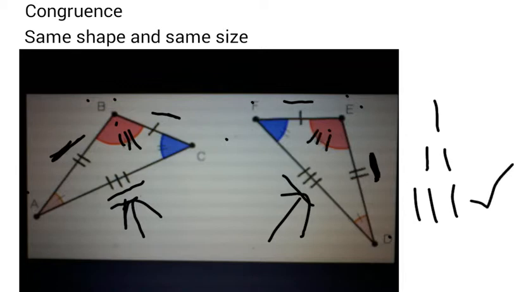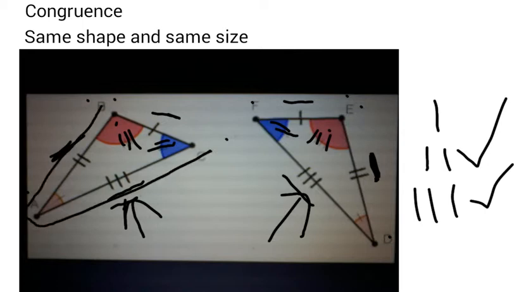The 3 lines over here means congruent. And same with the blue angle, 2 lines here, 2 lines here, means that they are congruent. And the little angle here, angle BAC, and angle EDF has the single line, so that means they are the same as well, which means they are congruent.